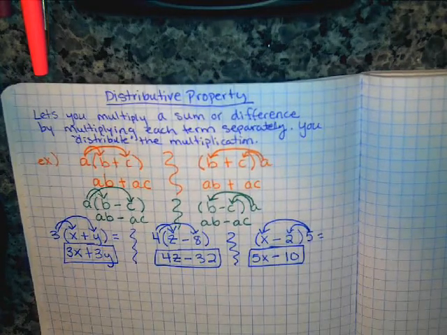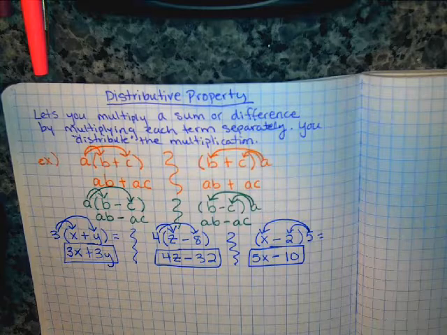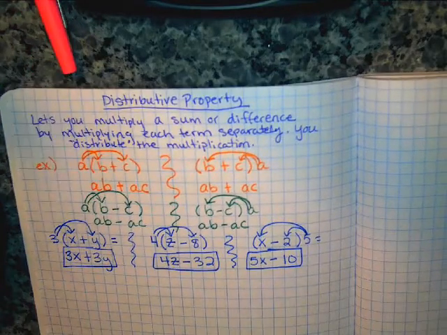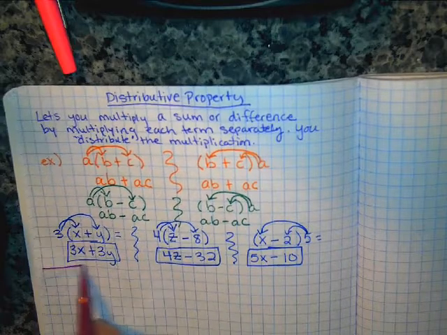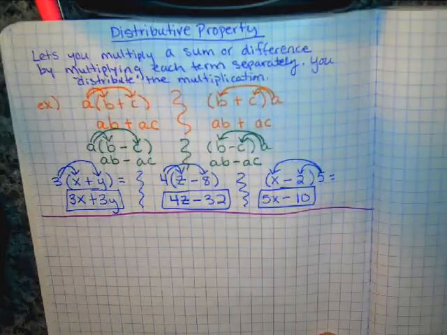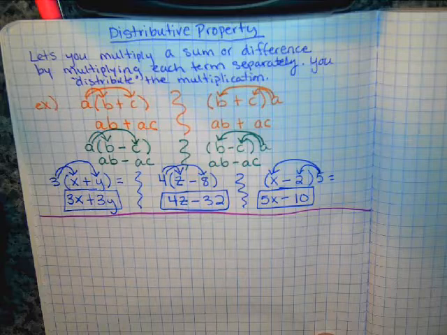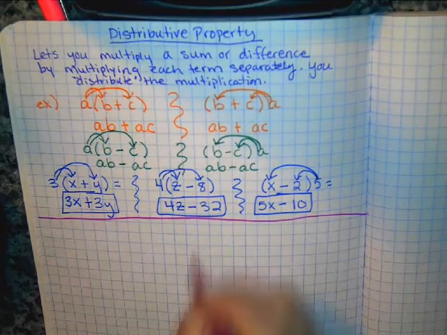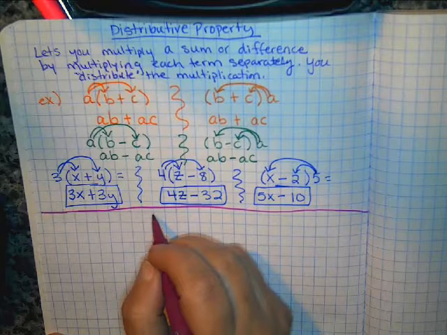Now we're going to try a few extra problems. So I'm going to go ahead and I'm just going to draw myself a line here to separate those rules and examples. And then I am going to divide this into a few sections here.